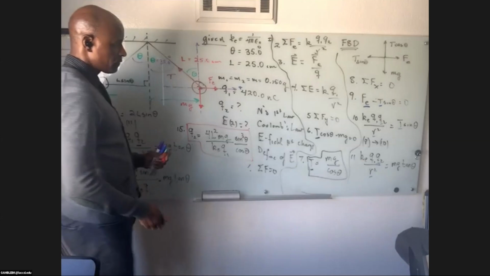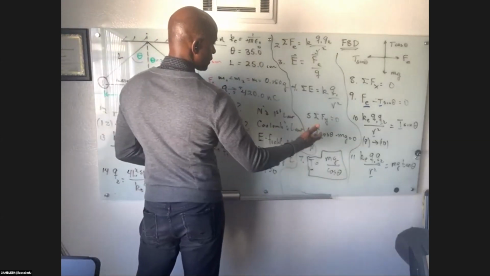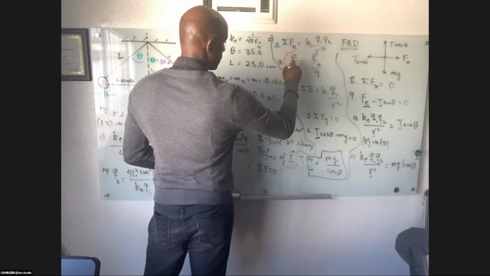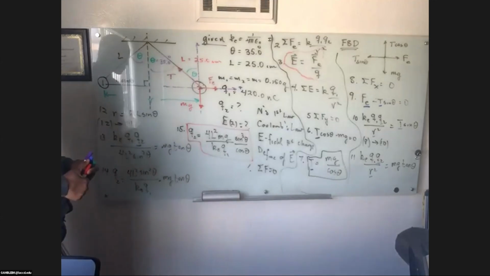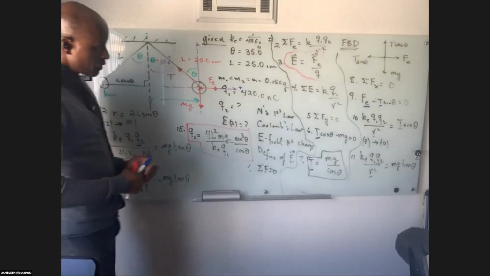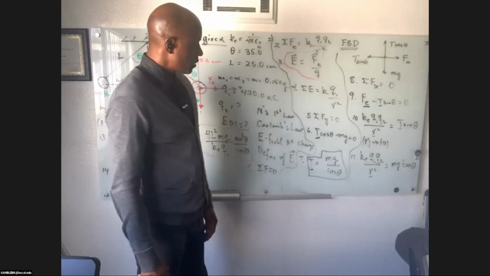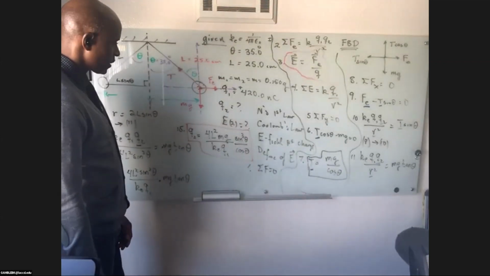Because to get E, we're using the definition of E, which is this guy. So since, from equation 7, well, yeah, let's go ahead and do that, then I'll put in the numbers.